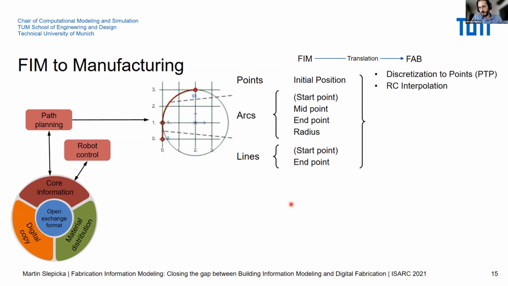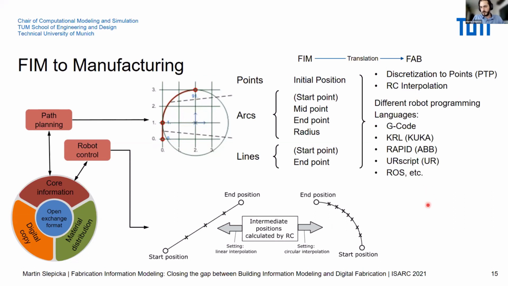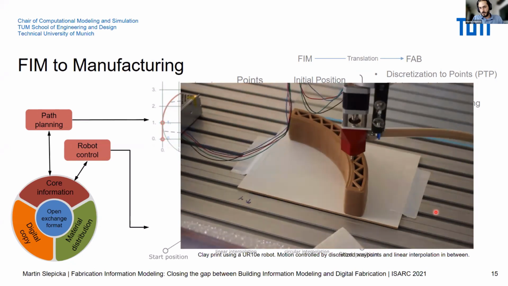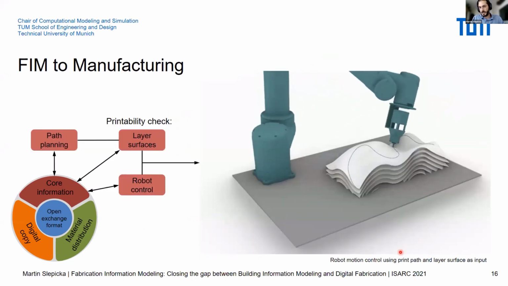We have tested that for clay extrusion, which was quite successful, and we also did some printability checks with Rhino and Grasshopper, which is also looking quite nice. What we want to continue on later is working on the digital twinning and using scanning tools to store sensor data in the layer of the path planning process.